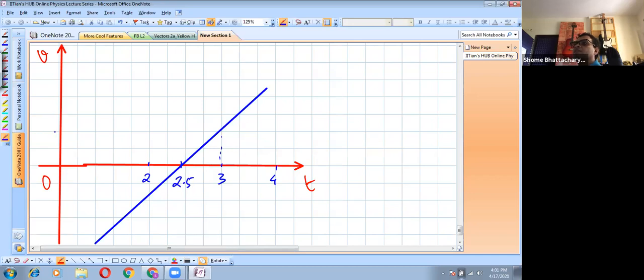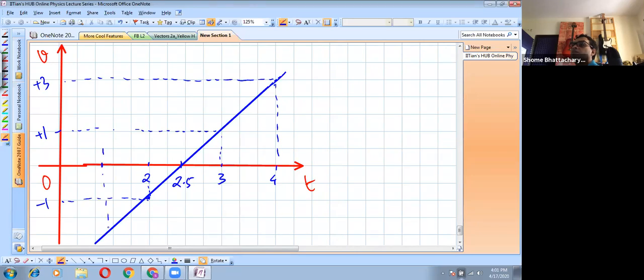At 3 seconds, we had seen the velocity was plus 1 meters per second, and at 4 seconds, similarly, the velocity had increased to plus 3 meters per second. Whereas at 2 seconds, it was minus 1, and let's say at 1 second somewhere here, it was minus 3 like that. These are the various things that we had plotted. Okay. So this was time in seconds, this was velocity in meters per second.